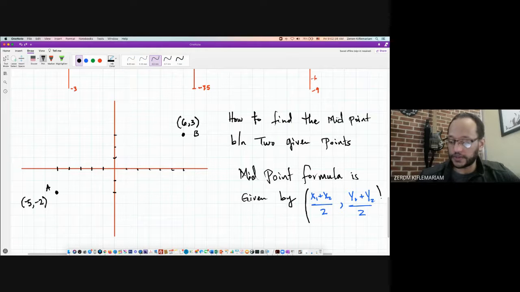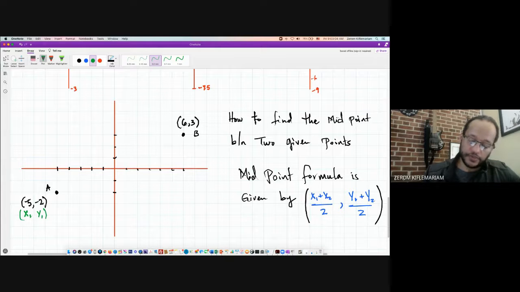So it's a coordinate, and that should be my answer. In other words, I have to label what is given, A or B, it doesn't matter. I have to label one of them as x1 and y1, and the other as x2 and y2. You can skip it, but that habit will follow you. If this is x1, this will be y1, and this will be my x2 and y2.